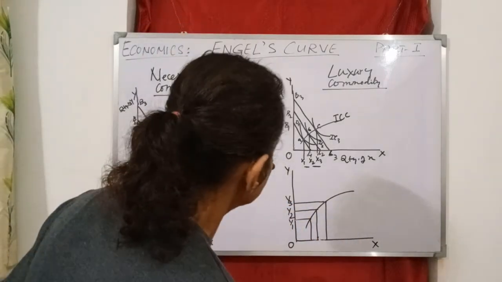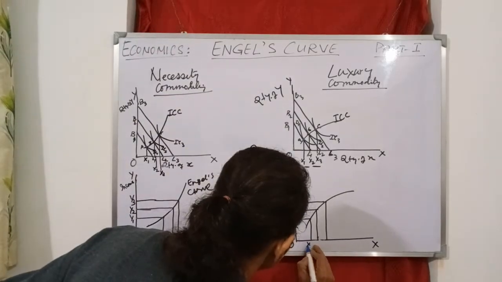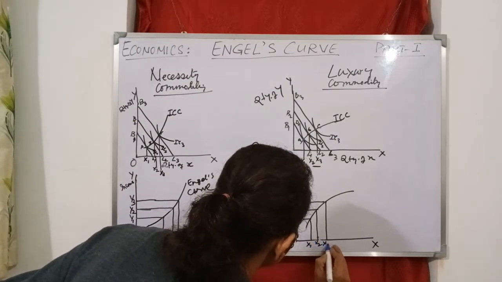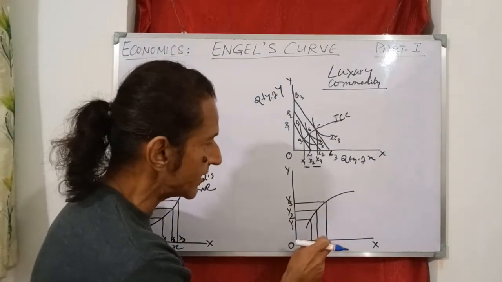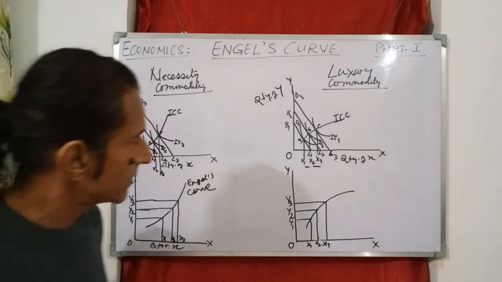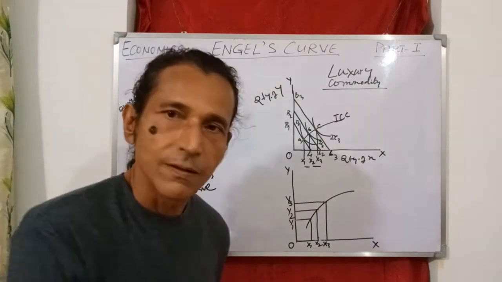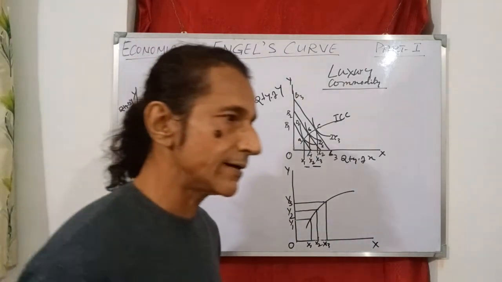The consumption of the consumer on this luxury commodity is, say, OX1, OX2 and OX3. Here you can see the gaps X1, X2, X3 are getting greater and greater as the income of the consumer increases. Correct?